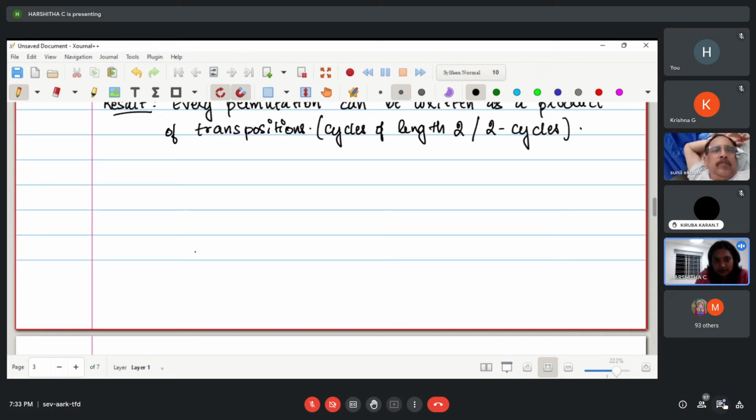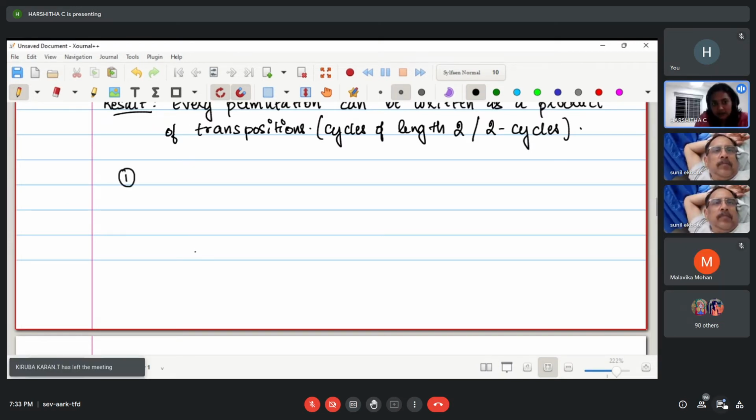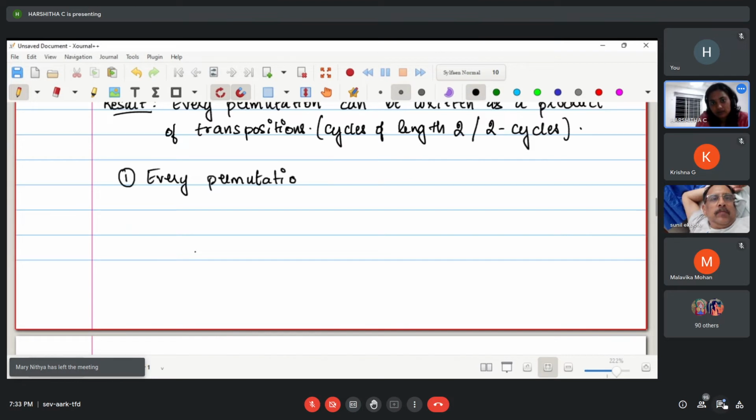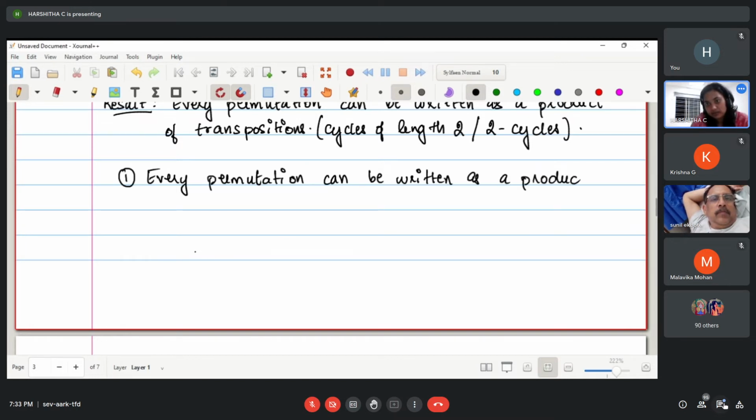So every permutation can be written as a product of cycles, and we'll take every cycle and show that it can be written as a product of 2-cycles.